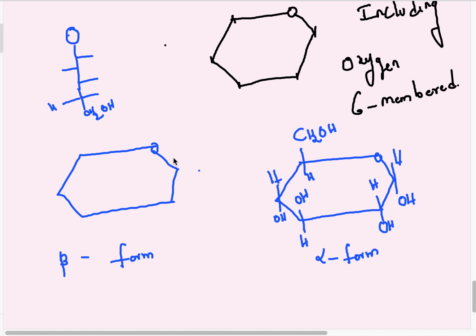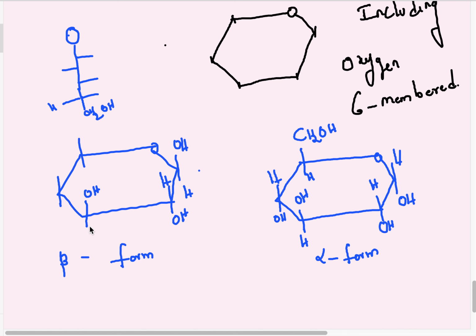And this is the beta form. What is the difference between alpha and beta? Only one carbon. That's it. Only one carbon, right? You can draw here. This is opposite. Remaining all same, right? OH is top and H is down. Rest all configurations are same.